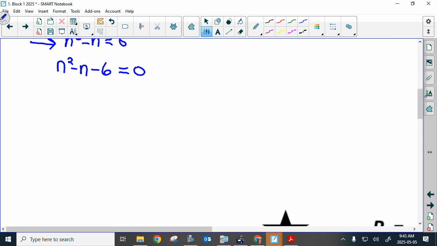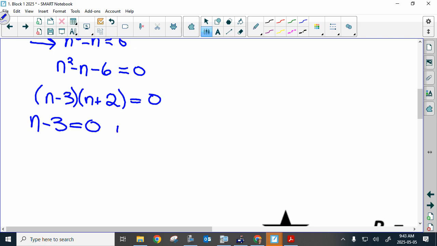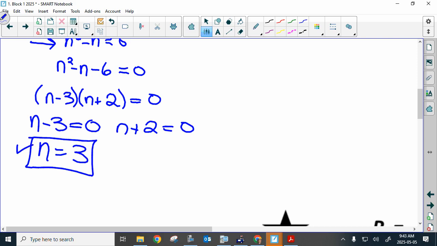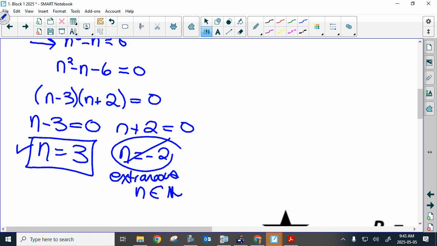So when you're solving this, this becomes n minus 3, n plus 2 equals 0. n minus 3 equals 0, n plus 2 equals 0. n equals 3, it's natural, I keep it. n equals negative 2, unnatural, it's an integer, it's negative, and it's an extraneous solution, and it's only because we defined n as always having to be a natural number.